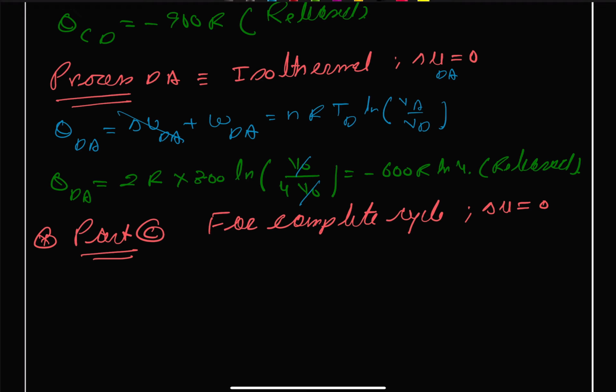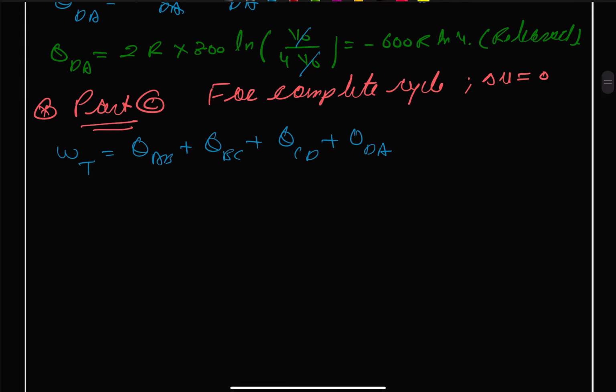Therefore, we can write that the total work done will be equal to the energy of AB plus energy for BC plus energy for CD plus energy for DA, and we substitute all these values.